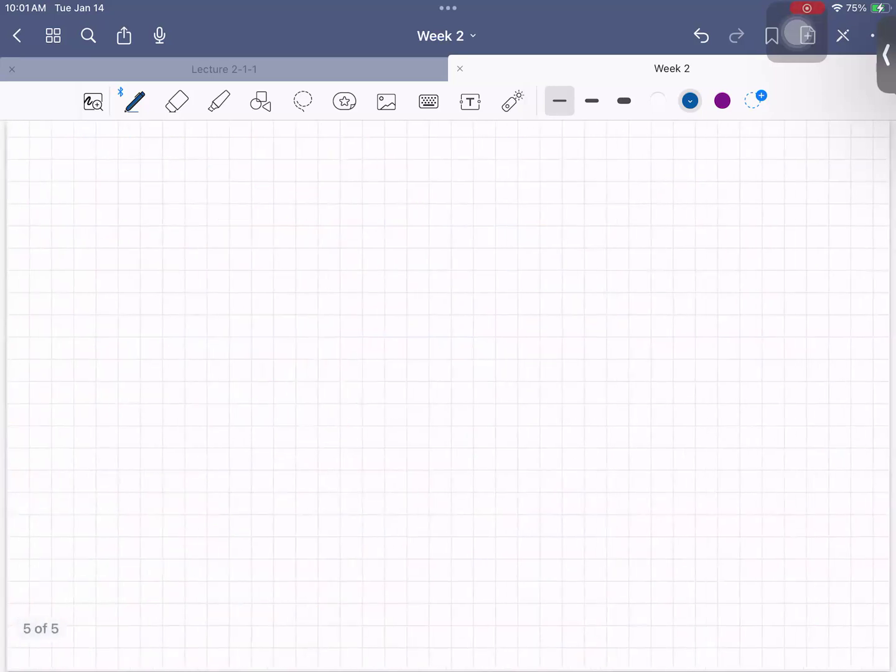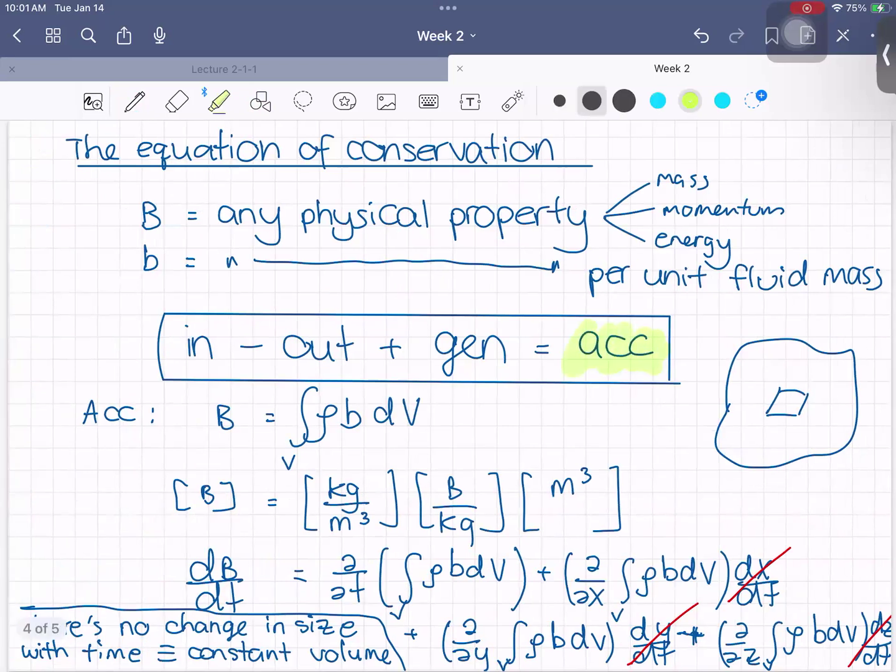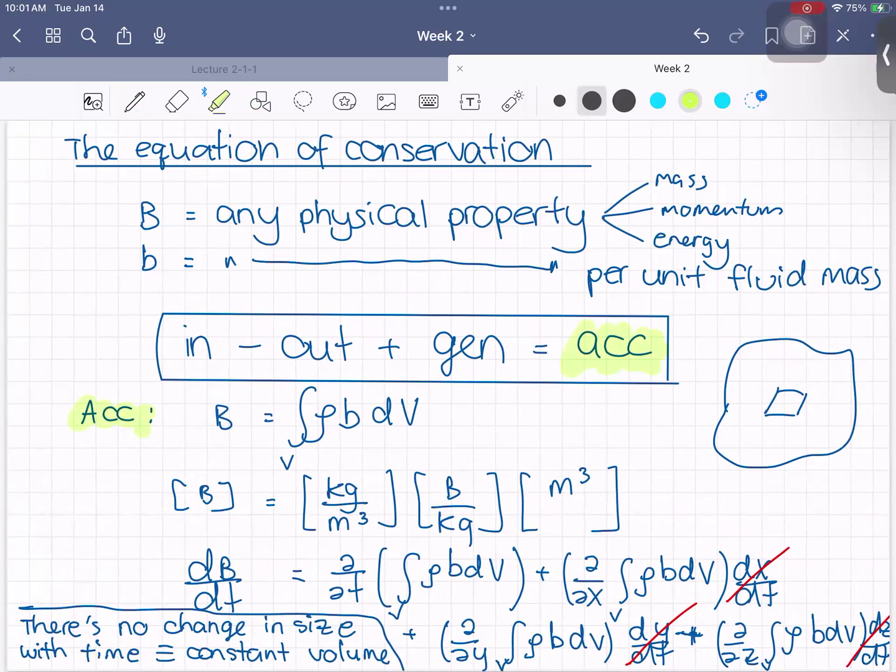All right. So now we have one term already. We already have the accumulation term, so I'm going to color it. Accumulation term, which is this term right here. So you can see here now that eventually we're going to put this term into this equation.